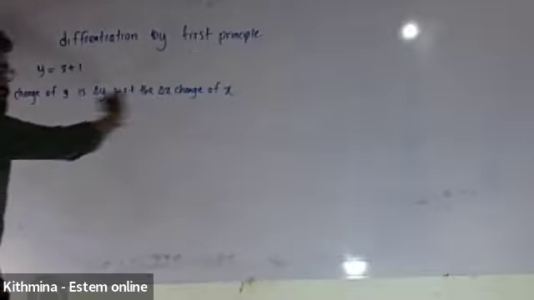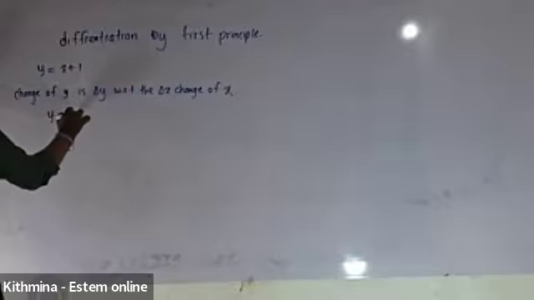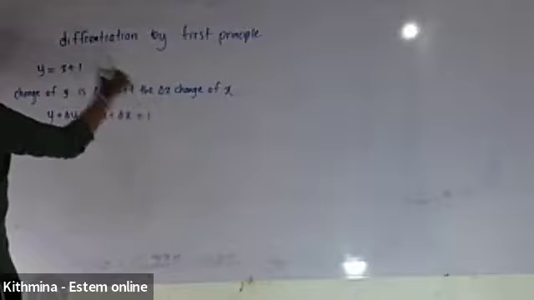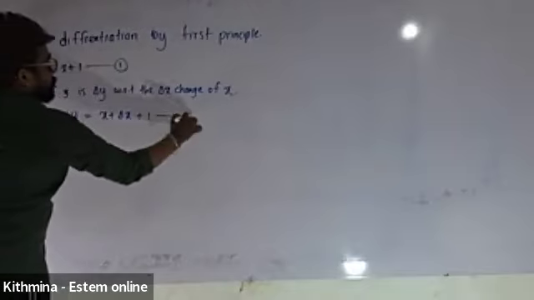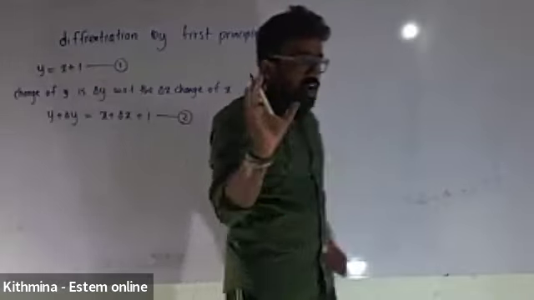Then after writing this, we can write y plus delta y equals x plus delta x plus 1. Then we should get equations 1 and 2.